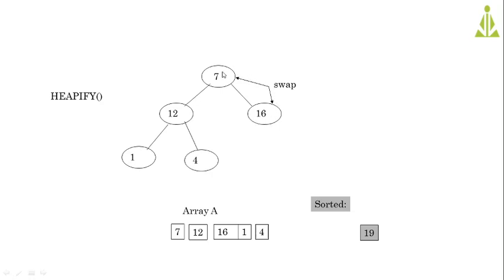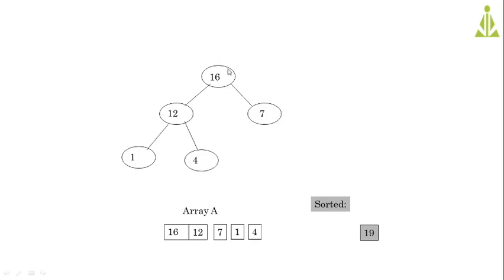So 16 is going up and 7 is going down. 16 went up to the root node and 7 is a child. Now 7, 12, 1, 4.